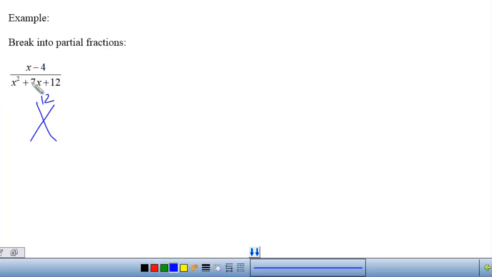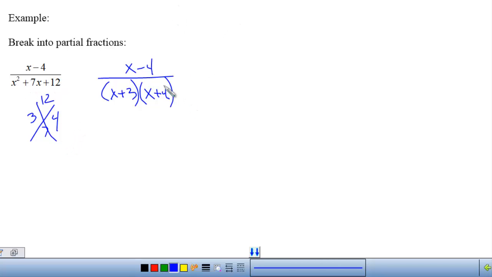So 1 times 12 is 12, and 7 in the bottom here, and the factors of 12 that make a 7, let's see, that's going to be 3 and 4. So I'm going to rewrite this as x minus 4 over x plus 3 times x plus 4. Same thing, we just factored this out.